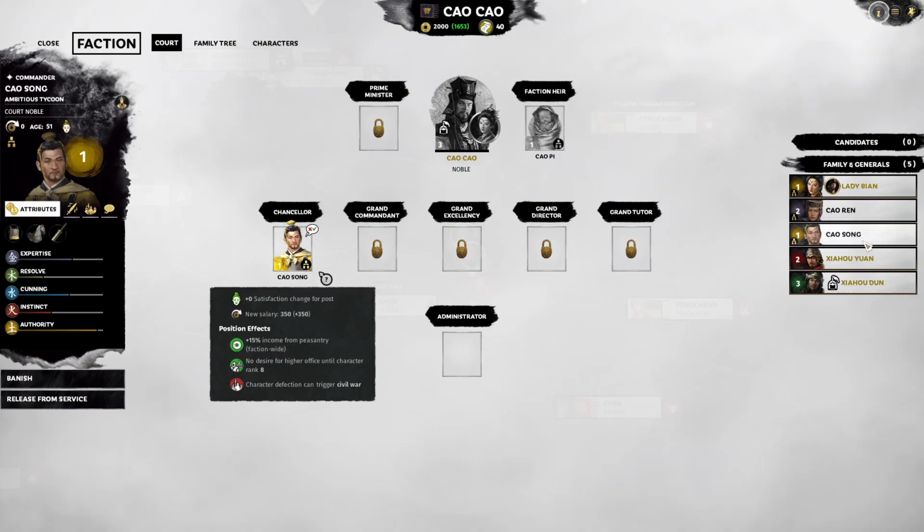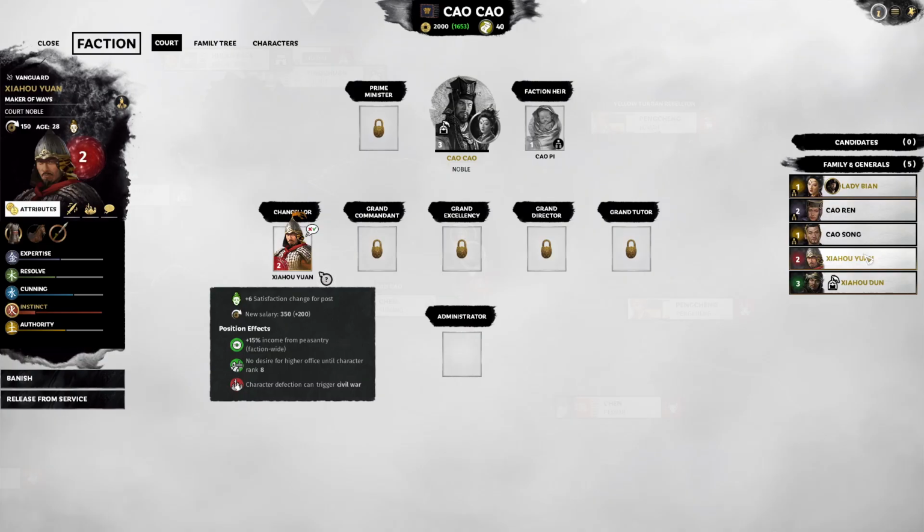So Chancellors, Grand Commandants, Grand Excellency, Grand Director, Grand Tutor, these positions will push your salary to 350. So it's actually really bad to give them to a family character. You actually want to give these to non-family members, to minimize the salary increase. That's something to keep in mind.